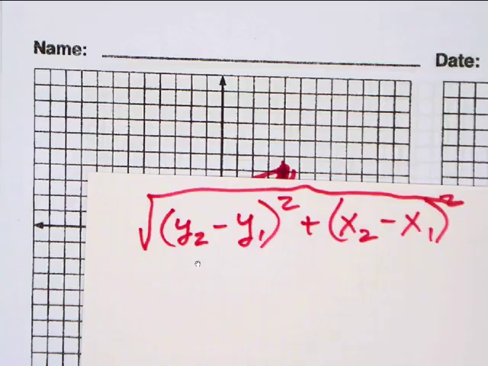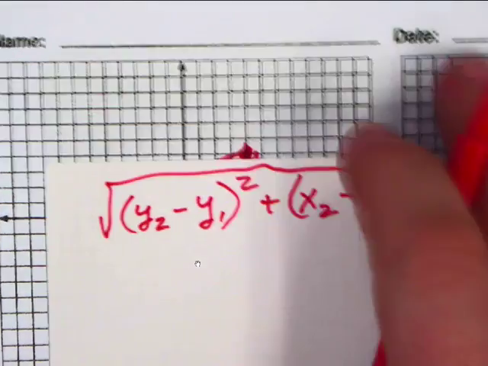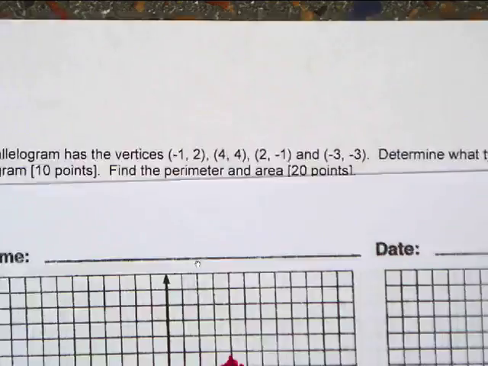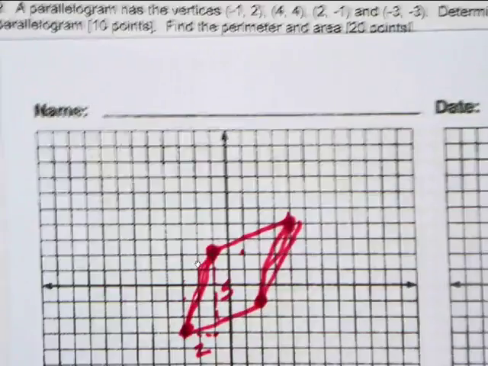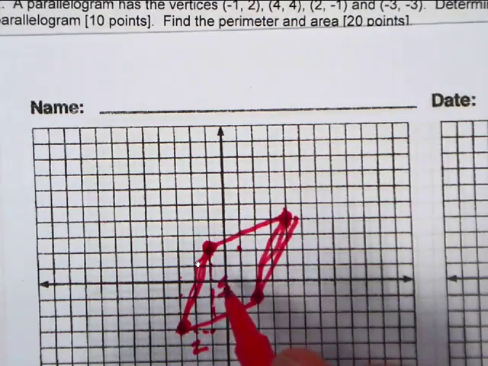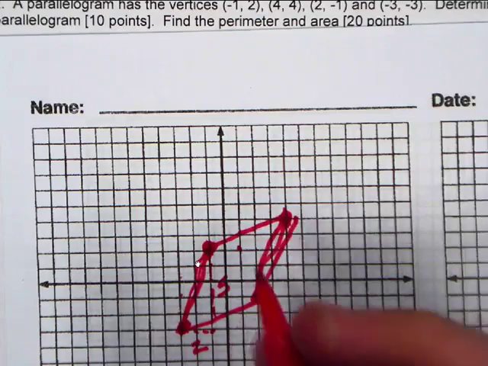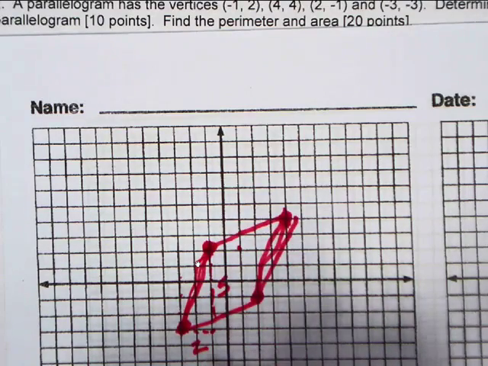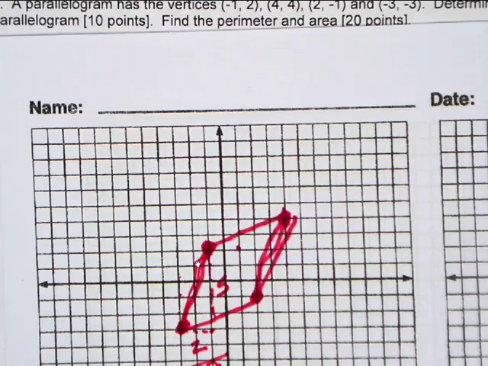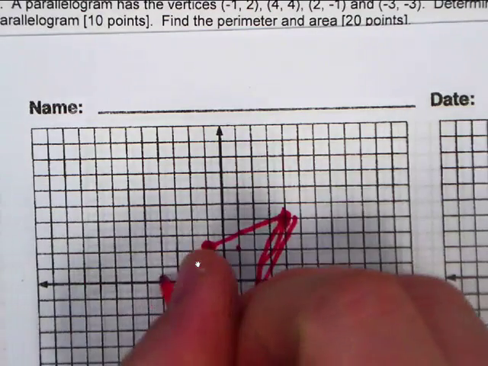That's how you find the distance. We can do it this way by drawing it: 5 squared is 25 plus 4 is 29. The square root of 29, I'm going to use a calculator for, is 5.39. I'm just going to round.